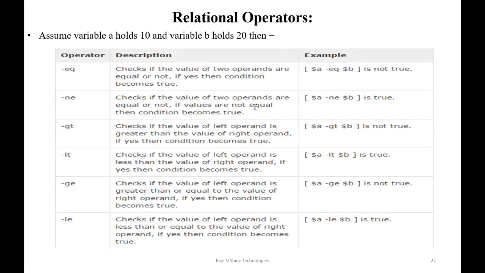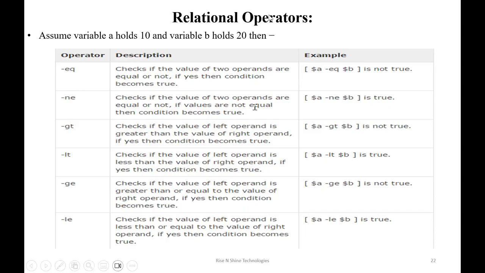But what are the different symbols that we use? Here also let's try to understand it. A holds the value 10, that means A equal to 10 and B equal to 20. If you would like to check equality, whether A is equal to B or not, we can use a double equals also, no issues from the arithmetic operator.